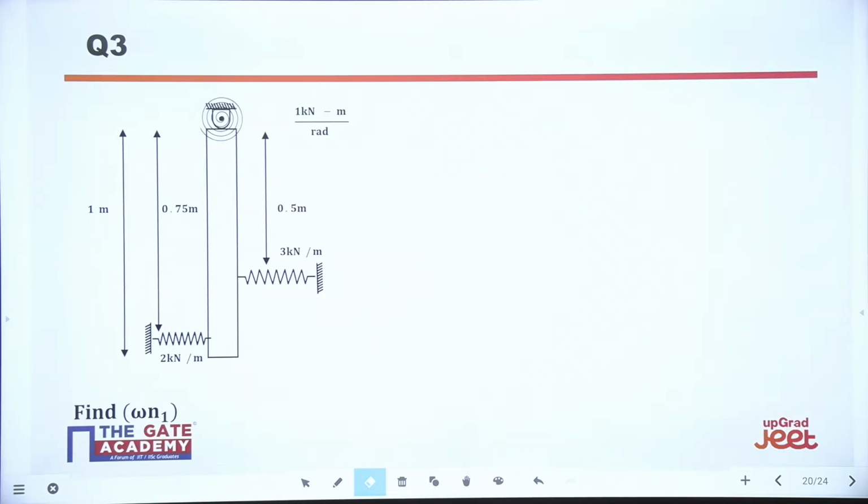So you can consider this rod to be of uniformly distributed mass. Don't consider it massless. So we have two springs, and these questions you will see are coming in abundance.